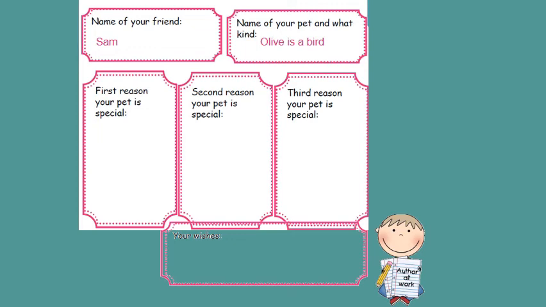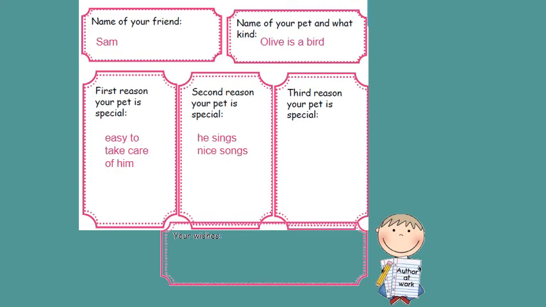Now we're going to write 3 reasons why you think your pet is special. The first reason, I think my pet is special because it's easy to take care of. The second reason, I think because my bird sings nice songs.